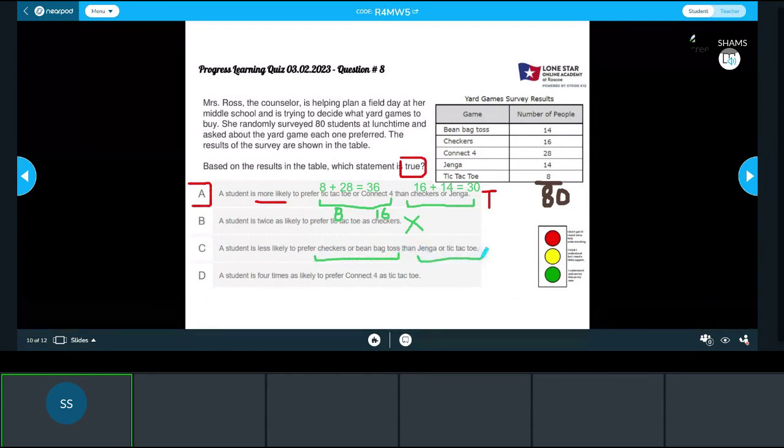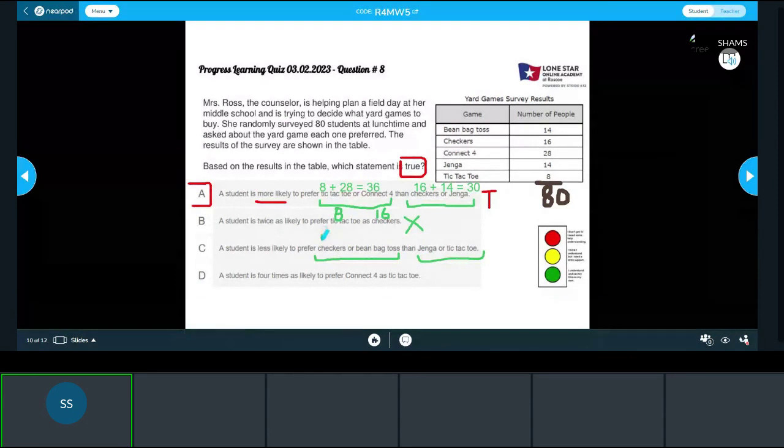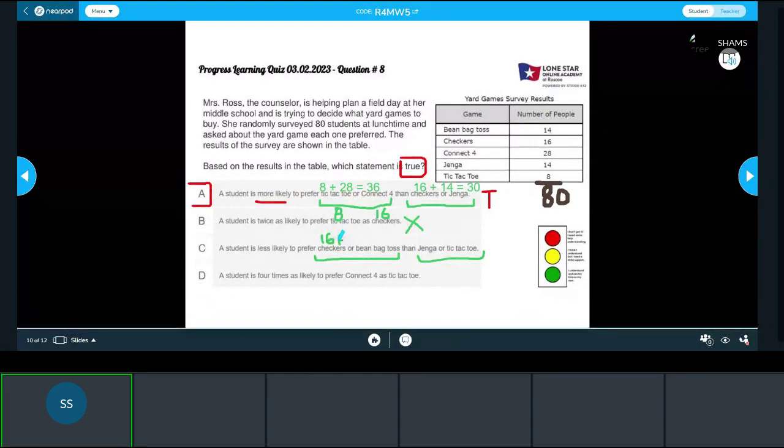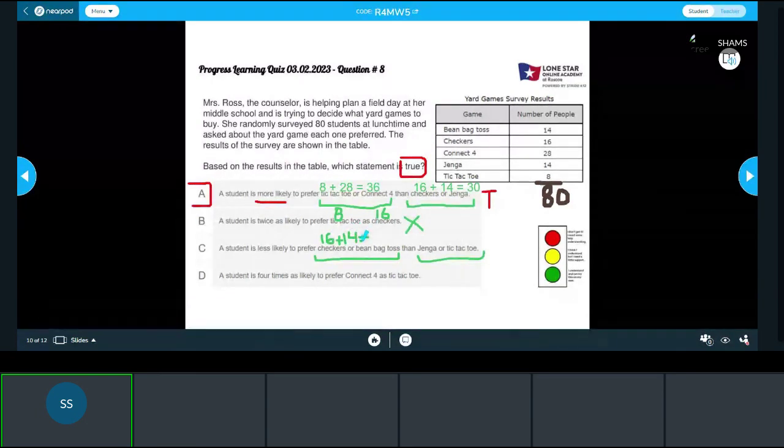Let's check this one out. Checkers and beanbag is 16 plus 14. That is 30. Versus Jenga or tic-tac-toe.